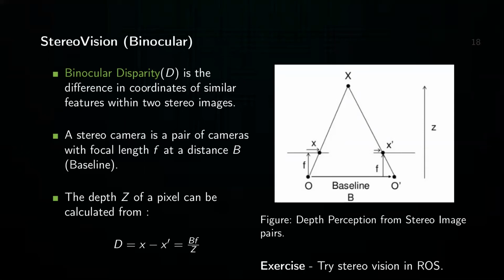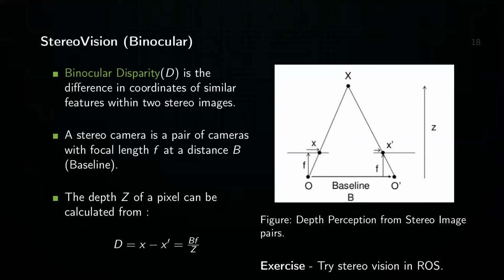So I'll first like to define binocular disparity, which is the difference in coordinates of similar features within two stereo images. For those who don't know, a stereo camera is a set of two cameras which are separated by a distance b, which is known as the baseline.